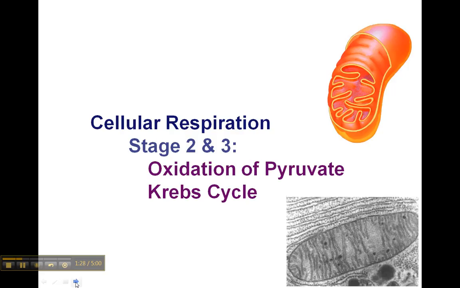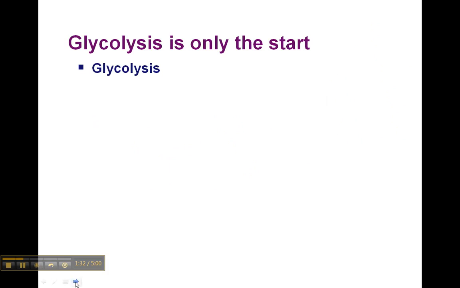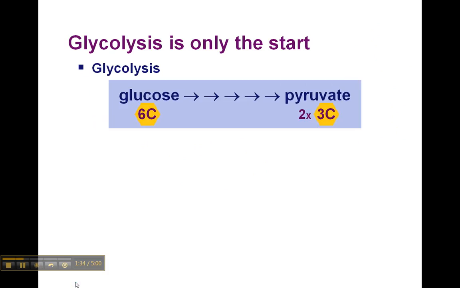But if oxygen is present, then the pyruvate will be oxidized and brought into the Krebs cycle. So in glycolysis, it's glucose to pyruvate.